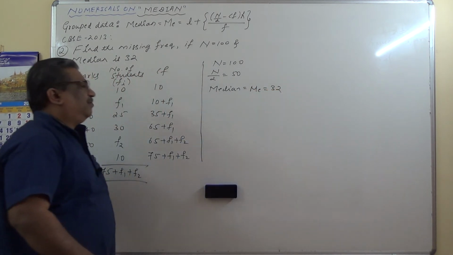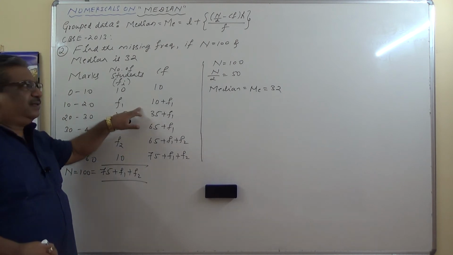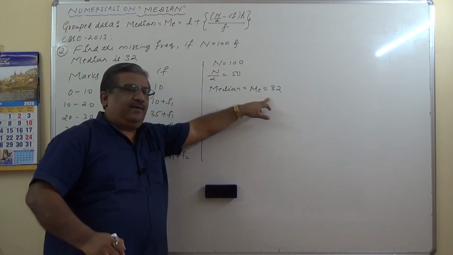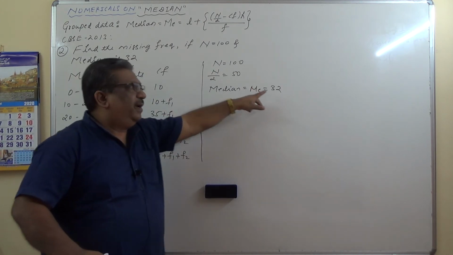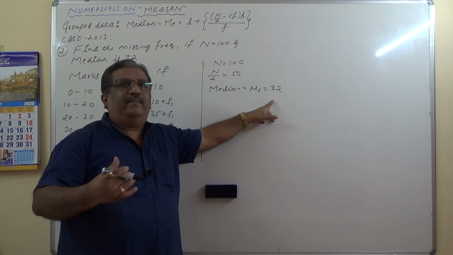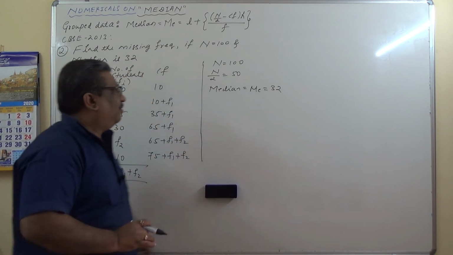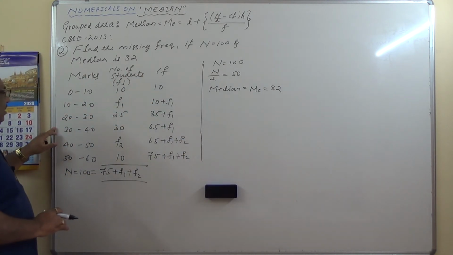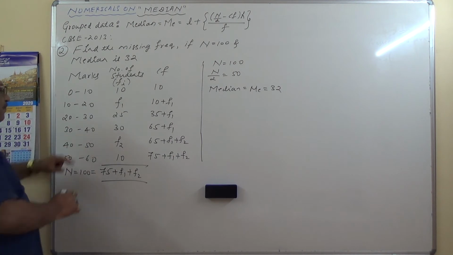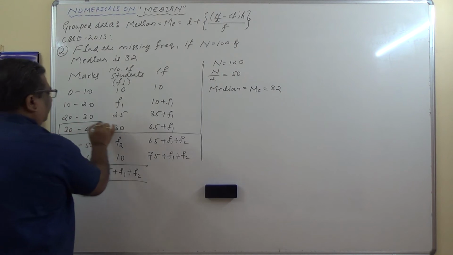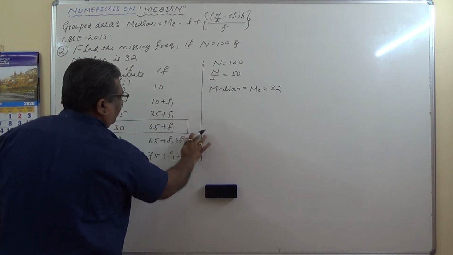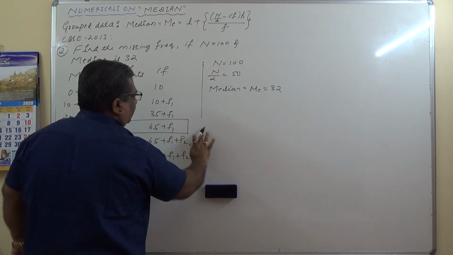Now is it possible to find out the median class? Yes, because the median must lie in the median class interval, and therefore which class interval is the median class? 32 lies between 30 and 40, and therefore I will mark this as the median class.